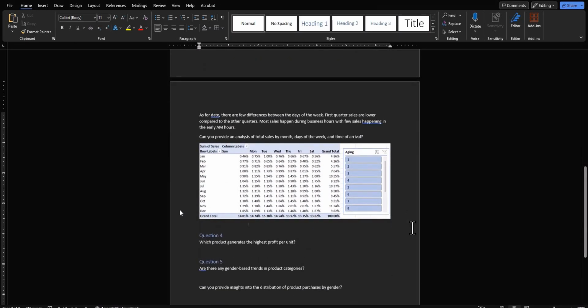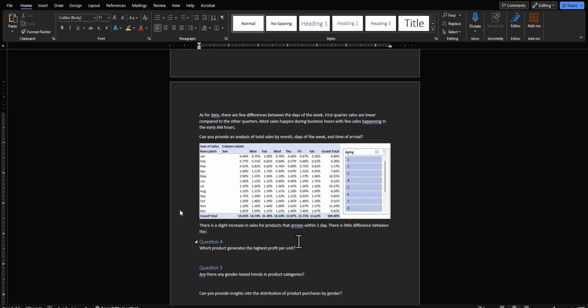All right, so for this one, if I look through the data, what I find is that there is a slight increase in sales for products that arrive within 1 day. There is little difference between the other arrival days.